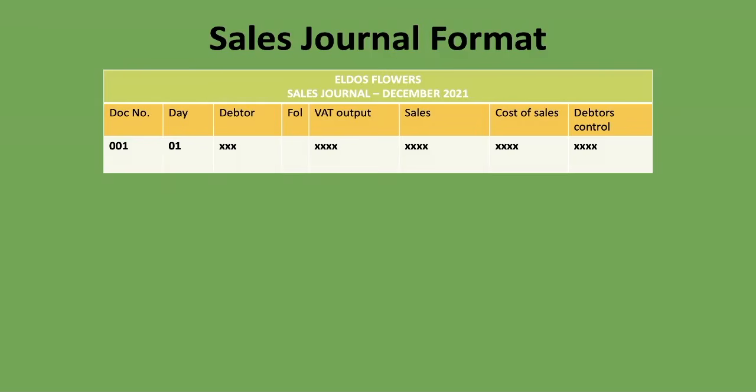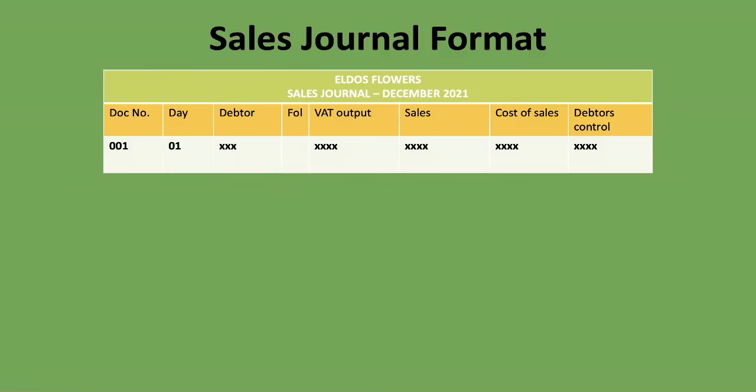And then the day here is the day of the month for the transaction. So if the first transaction happens on the 1st and you sold goods on credit, you'd put the 01 for the 1st. And then here where we have debtor, this is the name of the debtor or the person to whom you are selling on credit.